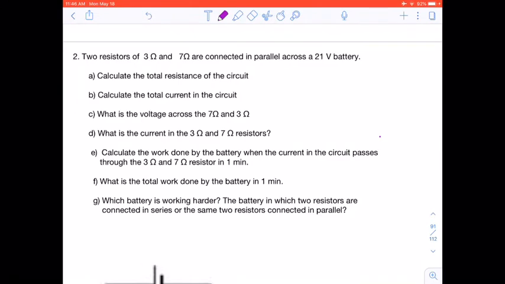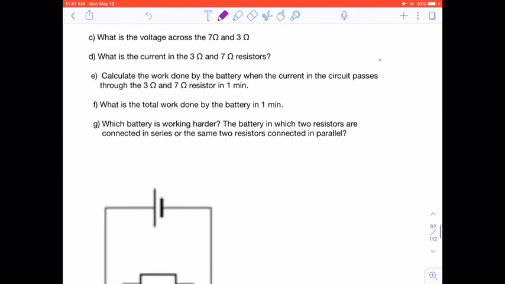Now let's look at the next one. Here we have again the same scenario. It's a 3 ohm and a 7 ohm, but this time they are connected in parallel, and we still have a 21 volt battery. Again it says calculate the total resistance.